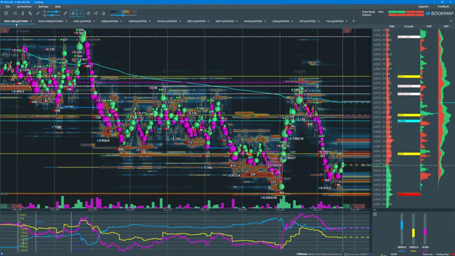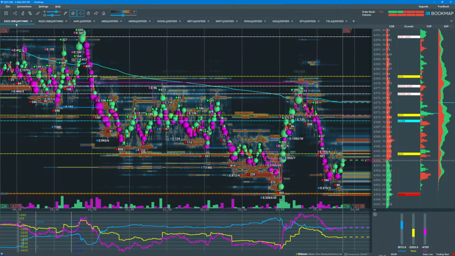So again, SPX, the base index, ES and SPY are derivatives, and options trades in SPX and SPY are a big driver of price action, not every day, not all the time, but a big driver of price action in ES. All right, so I hope that answers your question.